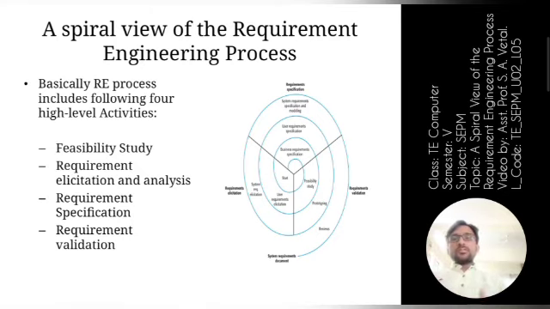Then with reference to the requirements that we have gathered, first of all we are going to check the feasibility study of our requirements: whether those requirements are feasible or not, whether they can be implemented or not, whether the implemented requirements will be useful for the customer or not. We decide that with the help of the feasibility study, which is the first important activity of our spiral model.